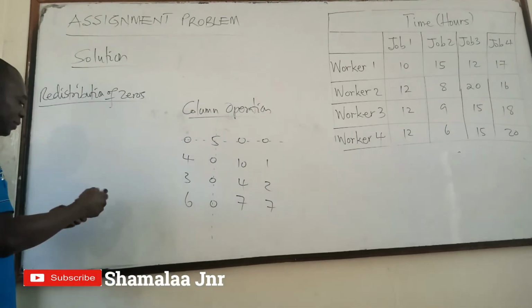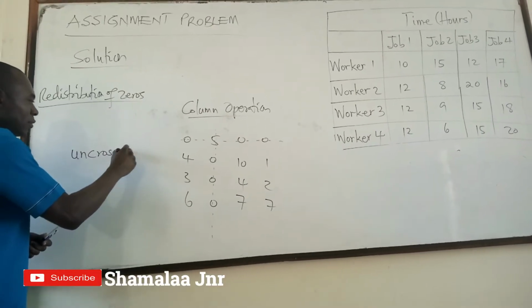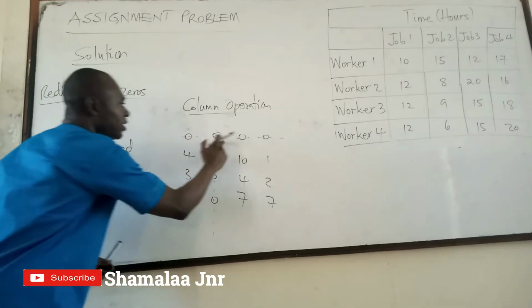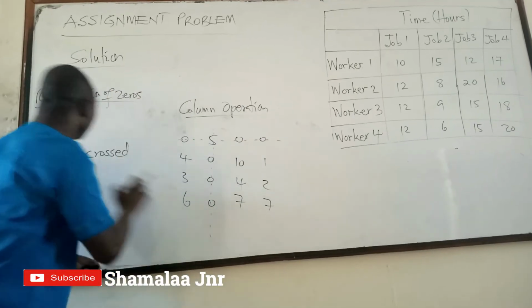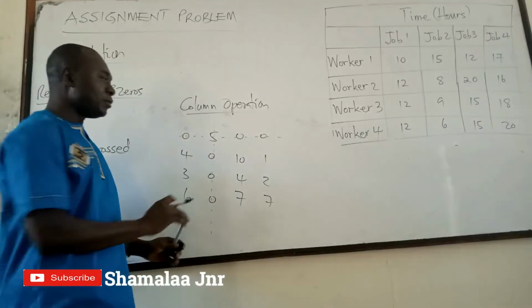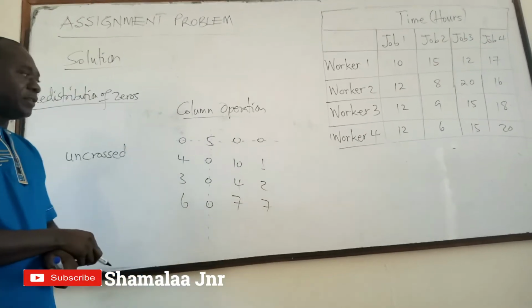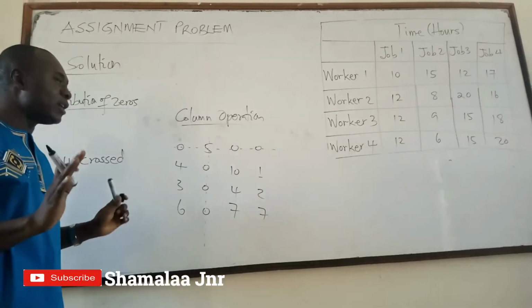Let me write it so that you see. You take the smallest uncrossed. These numbers have been crossed, have been typed. So the smallest uncrossed or untyped number, in this case, will be 1.